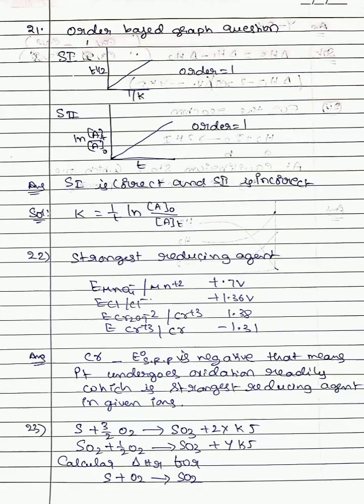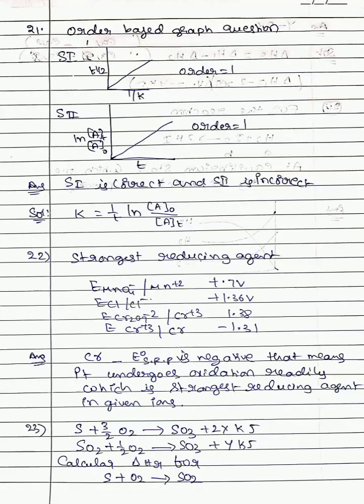Here they have given first order reaction graphs as a statement type question. The first statement is correct because t half is inversely proportional to the rate constant for first order, we know already. But in the second statement, they have given ln At by A naught. Here some students may get confused, and may think that statement 2 is also correct if they don't look at the time and initial concentrations.